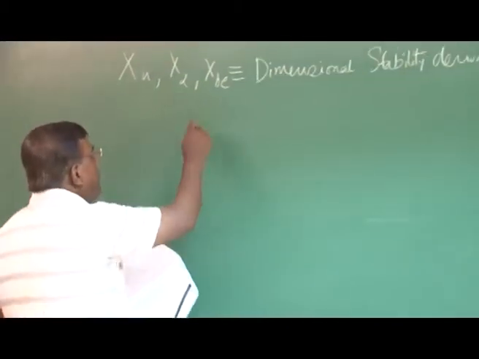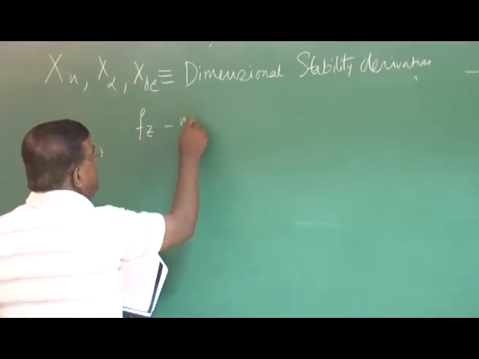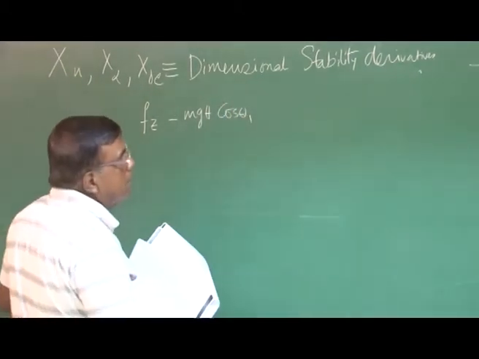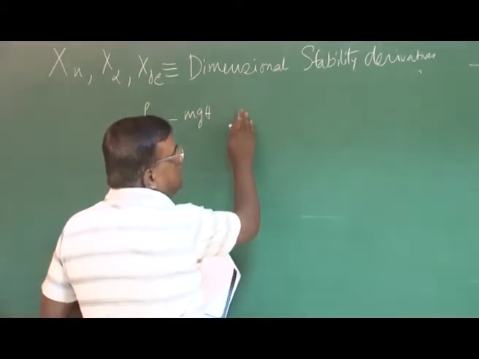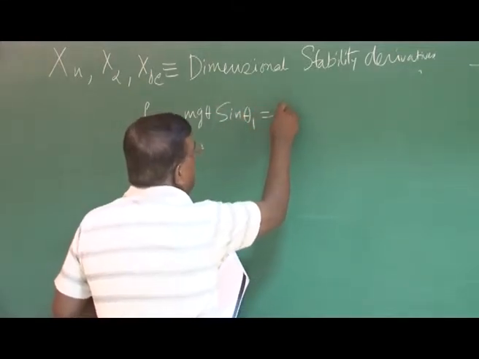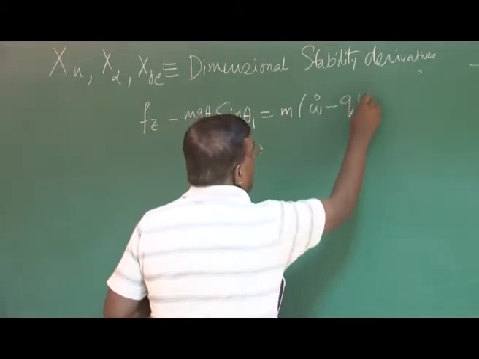Once I pick Fz, minus mg theta sin theta 1 (oh no, this is not cos, it is sin theta 1) is equal to m (w dot minus q u1).